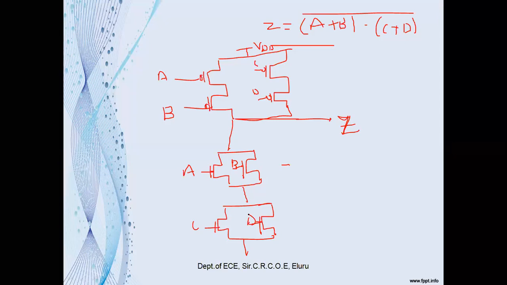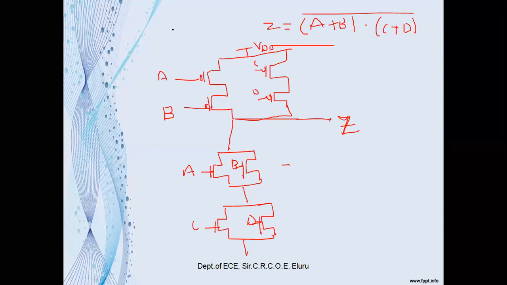The advantage of the CMOS AOI and OAI is, instead of implementing two-level logic gates, we are implementing the entire logic function on a single level of transistors.